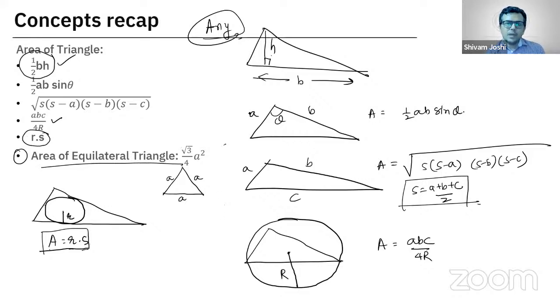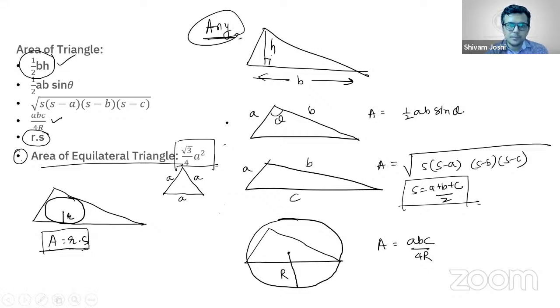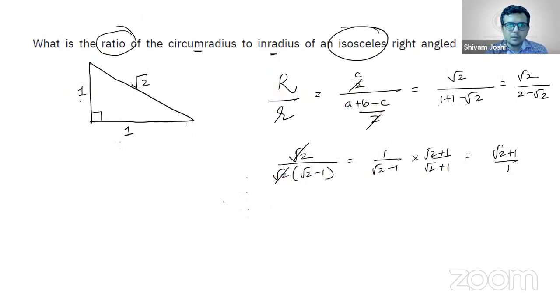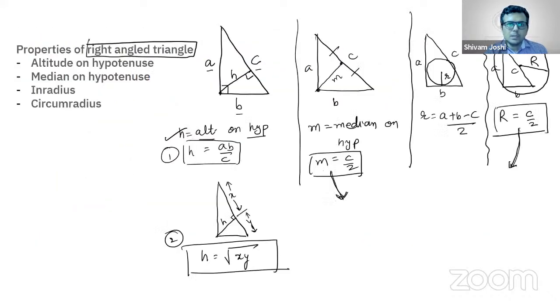Yeah, these five formulas are applicable to any triangle, and the last one is applicable for only equilateral. And as for these, it's already mentioned here that they are valid only for a right angle triangle.